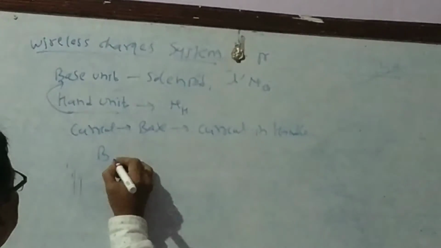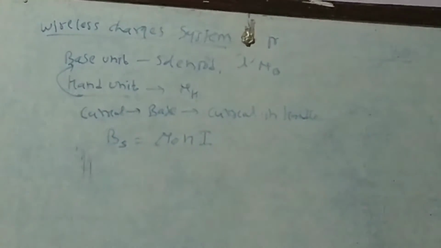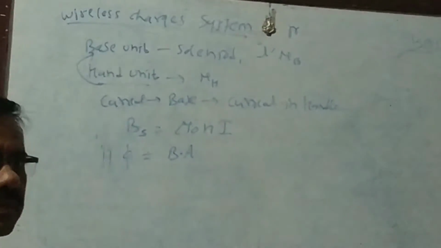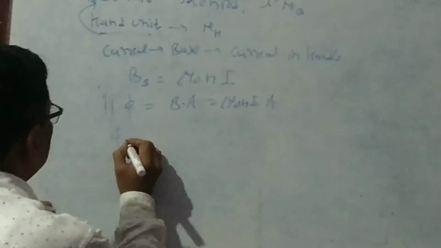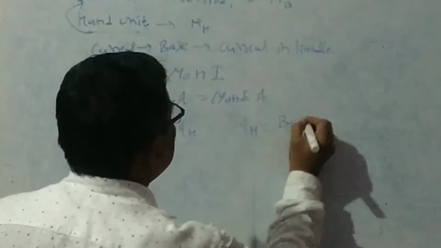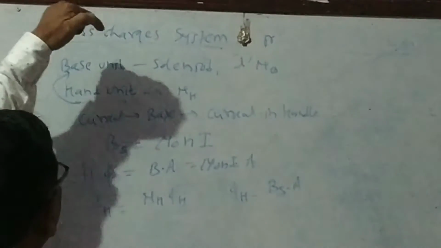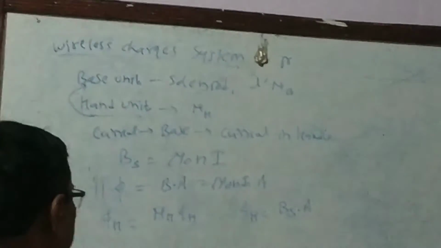This current in the handle is due to the magnetic field produced in the base, and the magnetic field of the solenoid is mu 0 N into I. The magnetic flux is B into A, which is mu 0 N I into A. The flux phi h linked with the handle due to the magnetic field produced in the solenoid is Bs into A.